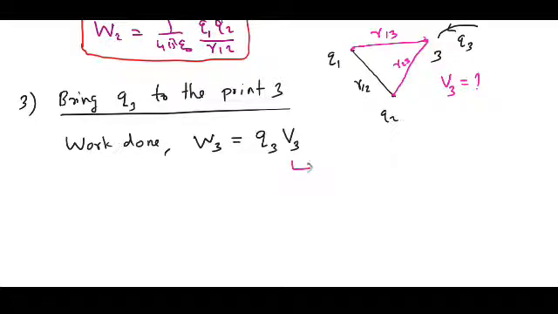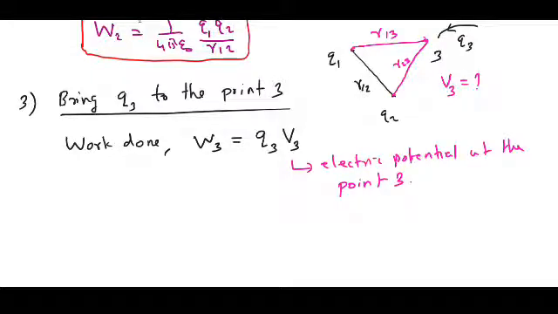Therefore, V3 is the electric potential at the point 3. What is the electric potential? That V3 can be written as the electric potential at the point 3 due to the charge placed at the point 1, that is Q1, plus the electric potential at the point 3 due to the charge 2.